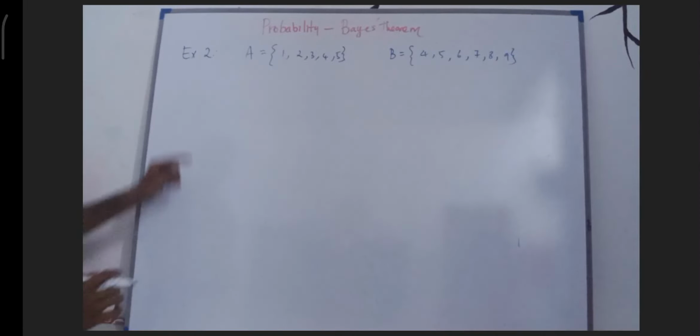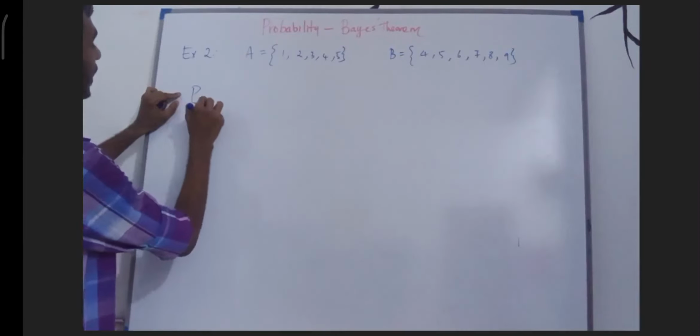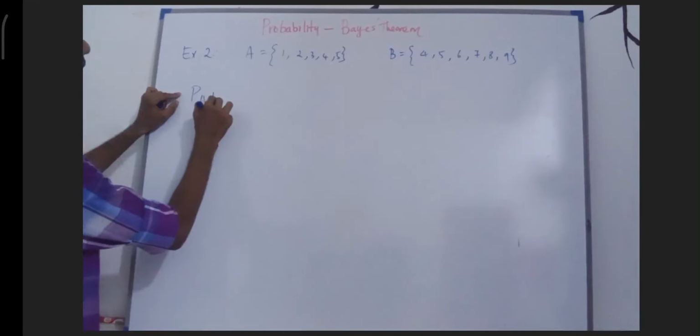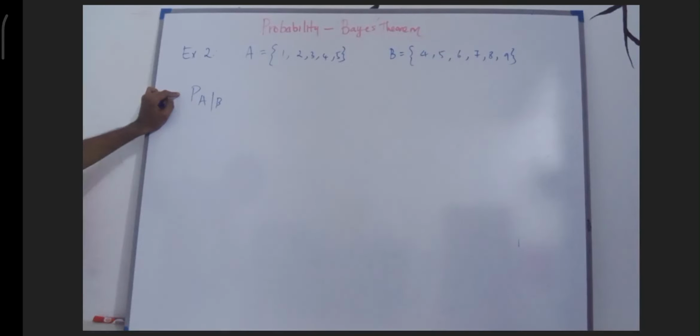Now, what we have to find out is the probability of A occurring when B has already occurred.